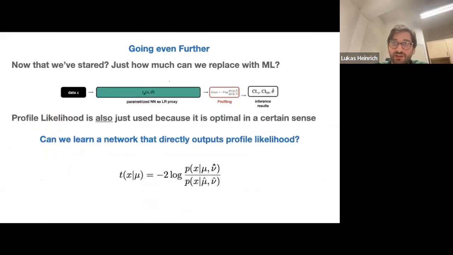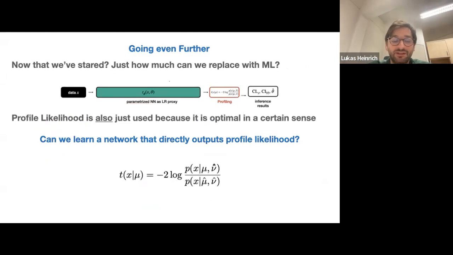And then the last couple of slides: once you start replacing parts of the statistics workflow with blocks of machine learning, you can think about how far you can push this, and how many steps of the classic statistics workflow we can replace with machine learning.